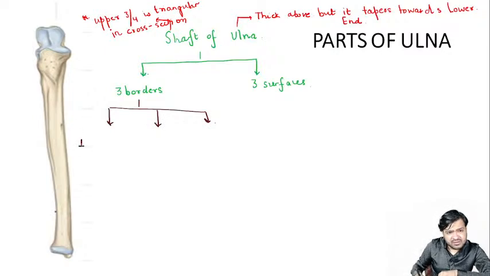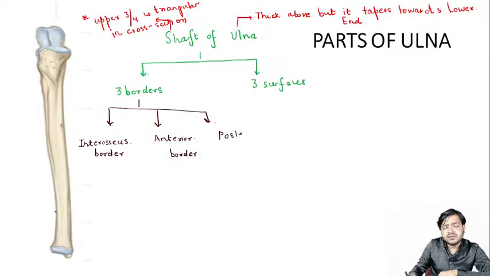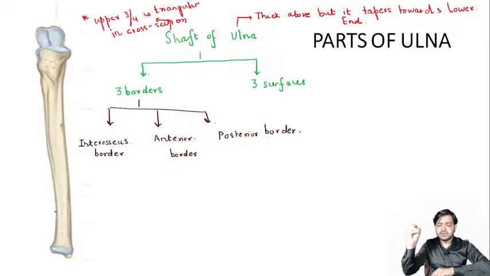We have three borders, that is the interosseous border, then we have the anterior border, and we have the posterior border. So we have three borders: interosseous border, anterior border, and the posterior border. So let us now understand each border.